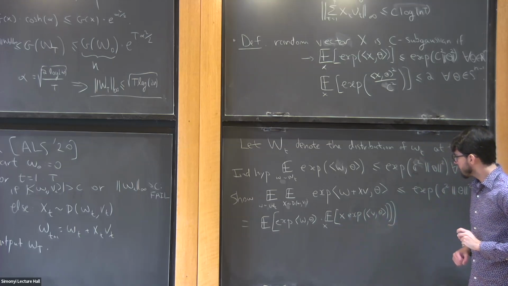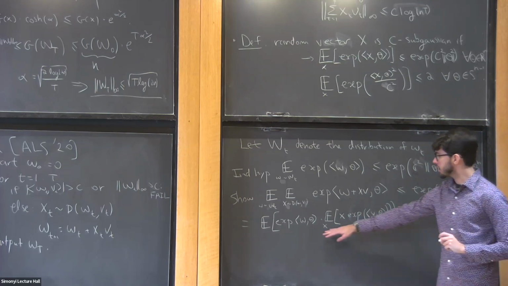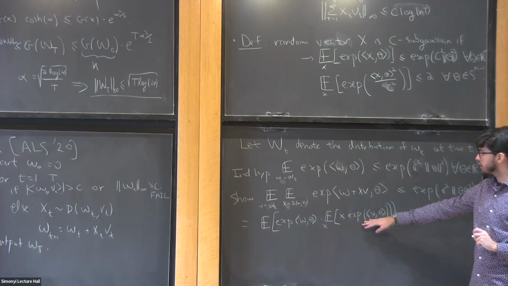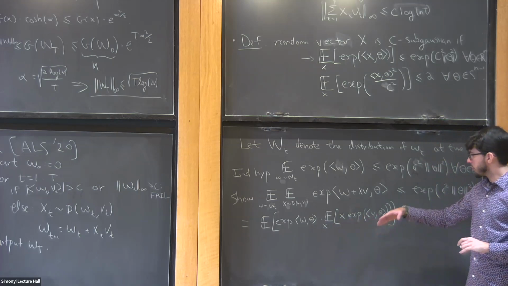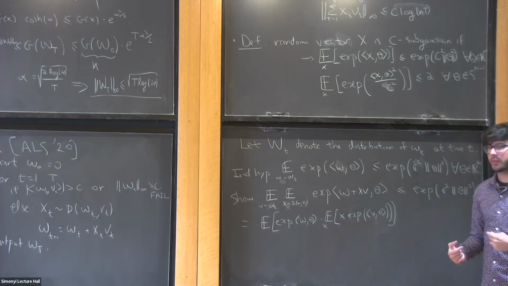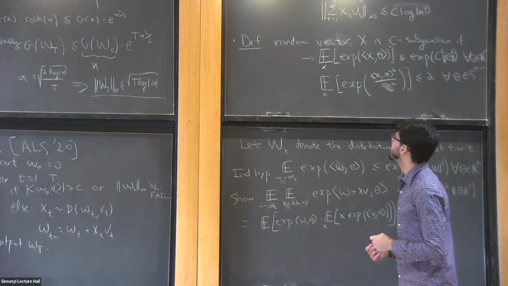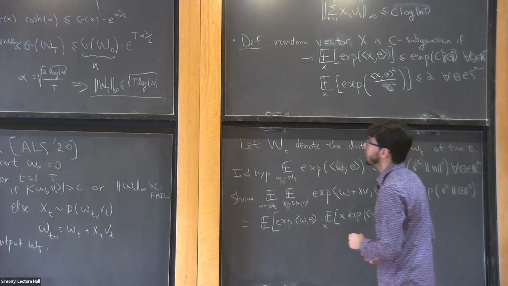And if you think about it, it's not super intuitive what's happening because it's an expectation of a convex function. So you want to apply Jensen, but it's actually going the wrong way. But fortunately, there's a way to get around this.